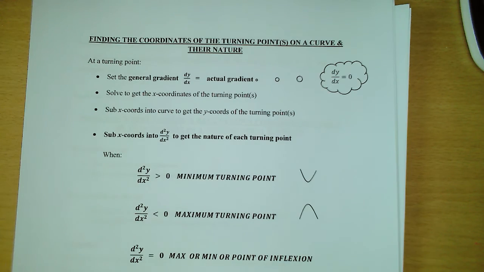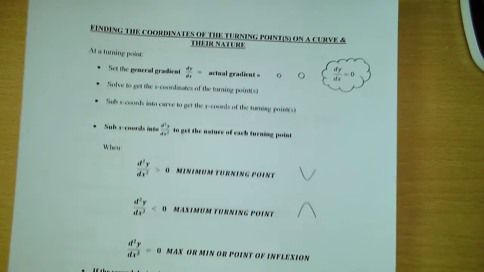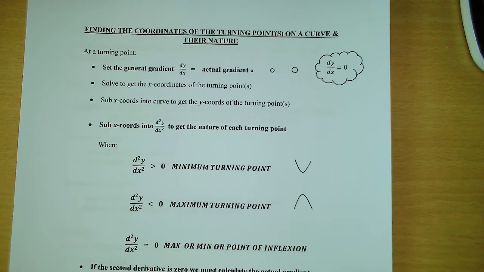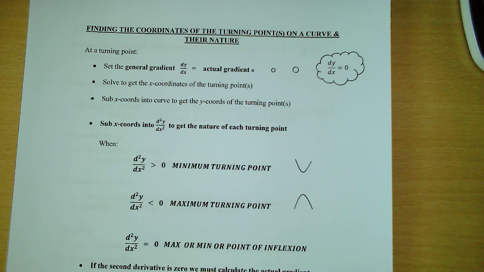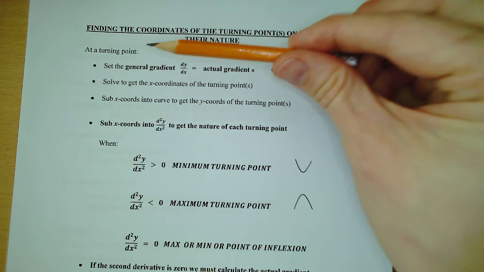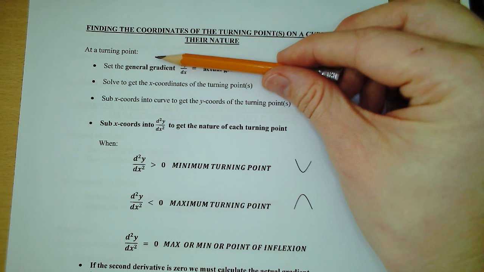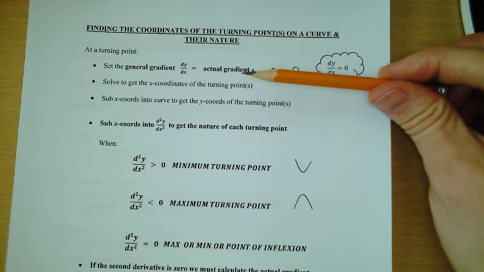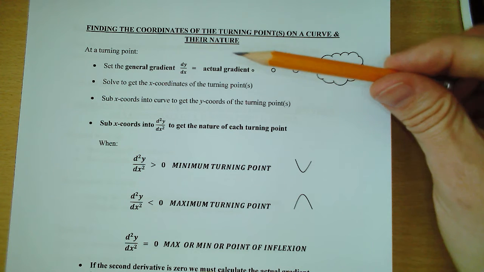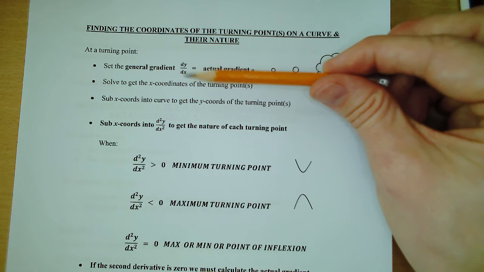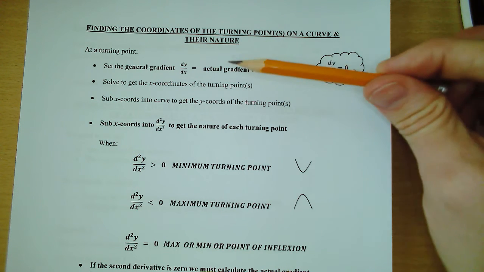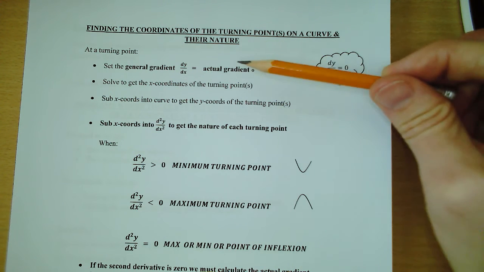Now, what we're going to look at is how to find the coordinates of a turning point on a curve and their nature. So as we've just said, at any turning point, the actual gradient of the tangent is 0. So we set the general gradient dy by dx equal to the actual gradient, which is 0.